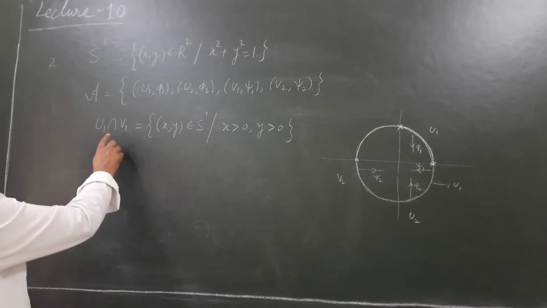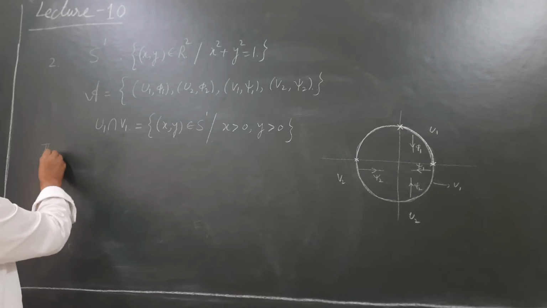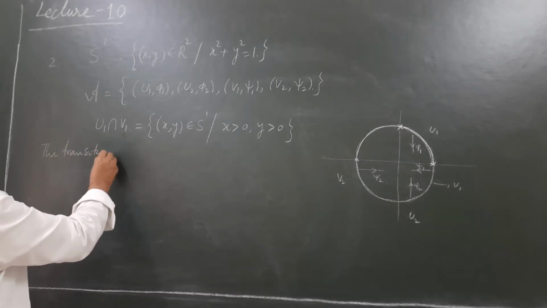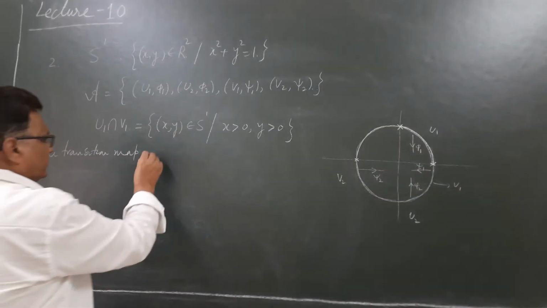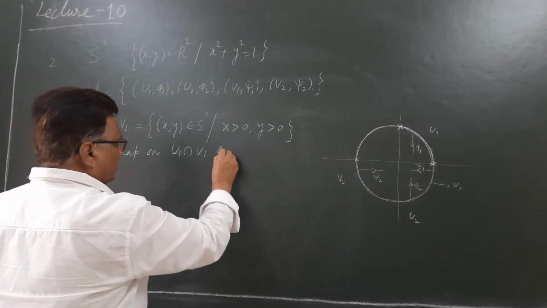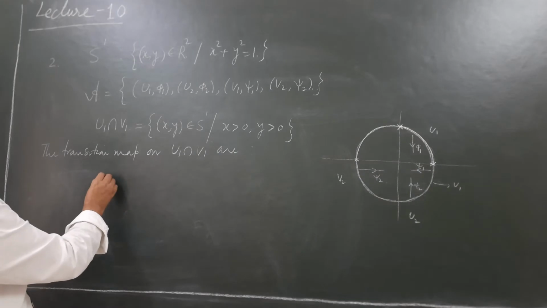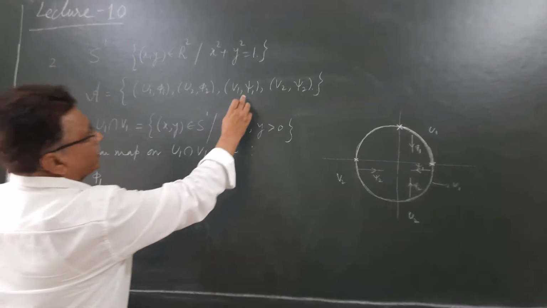I have to see the transition maps. The transition maps on U1 intersection V1 are the following. What are the transition maps? Here is phi 1 and here is psi 1.